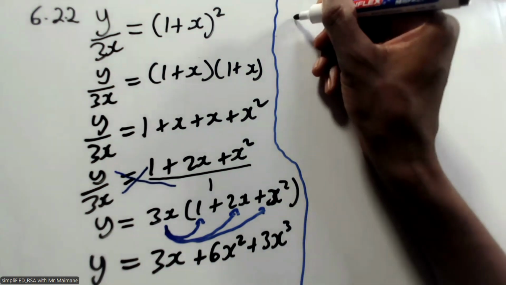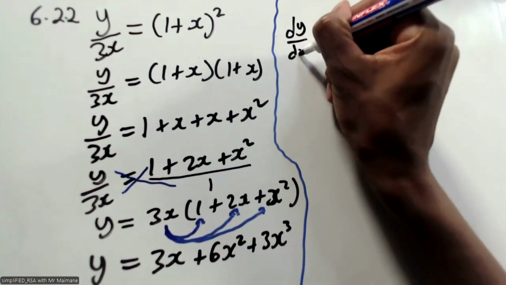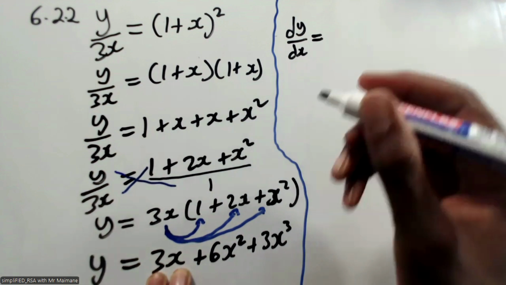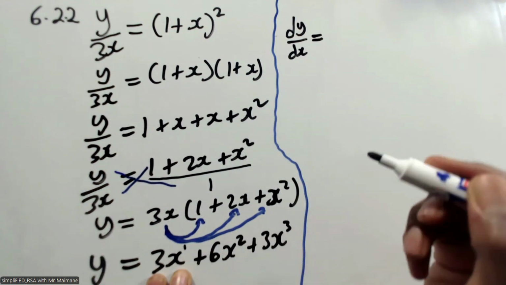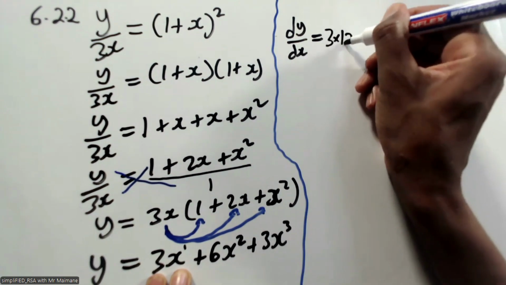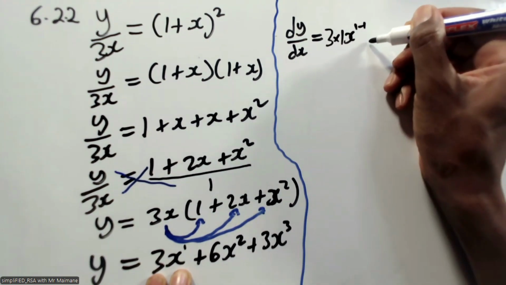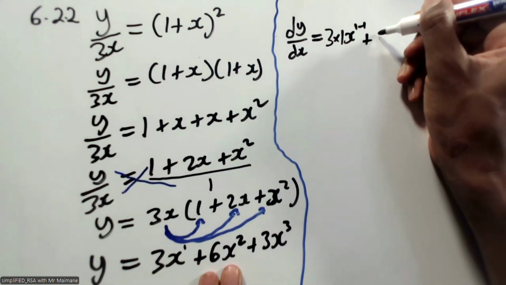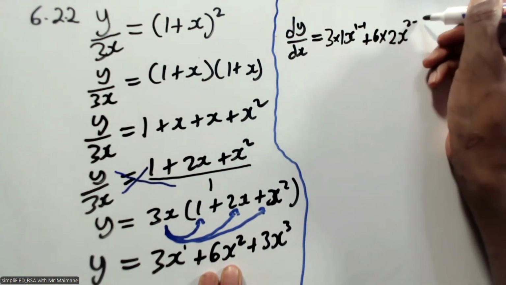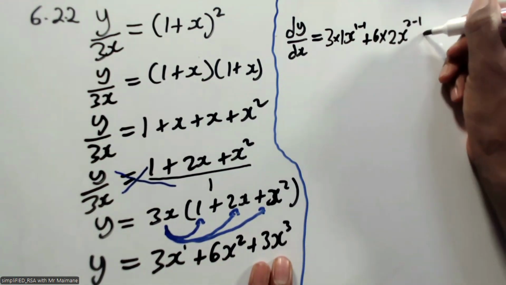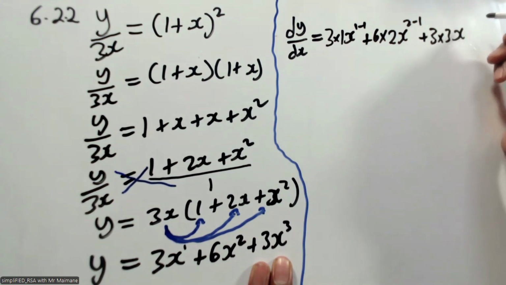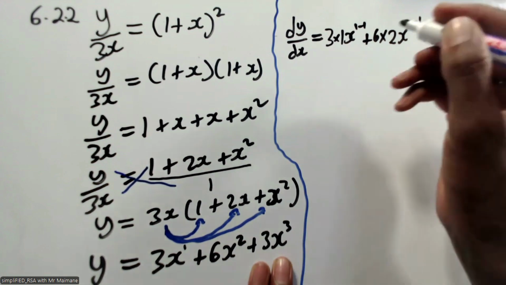Now, to get dy over dx, for the first term, any number is to the exponent 1, right? I'll take the exponent and multiply it in front. I'll have 3 times 1, x to the 1 minus 1, plus, for the second term, 6 times 2, x to the 2 minus 1, for the third term, plus 3 times 3, x to the 3 minus 1.